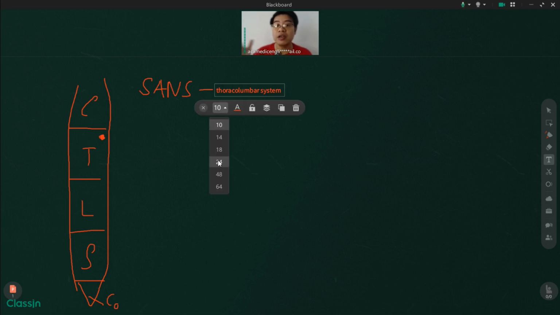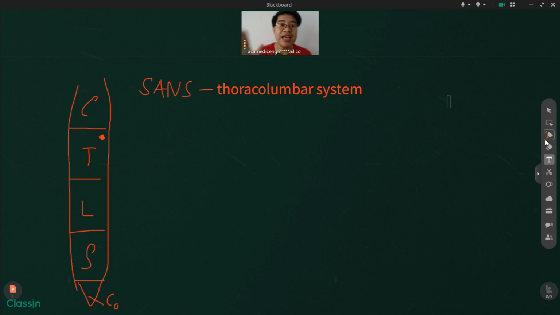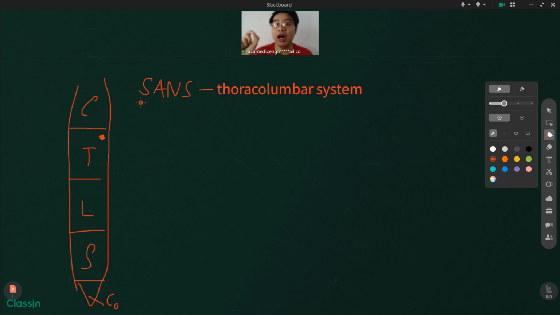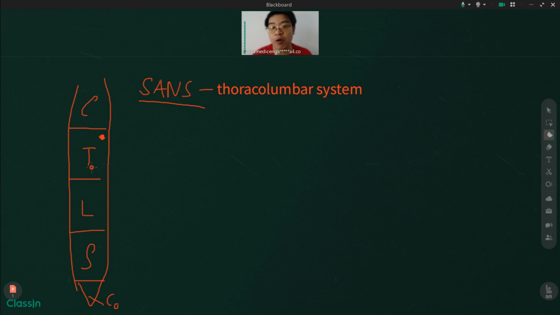Why? Because the cell bodies of the outflow of this SANS always come from the thoracic segment and the lumbar segment, and nowhere else.